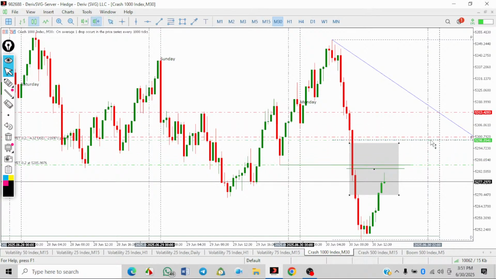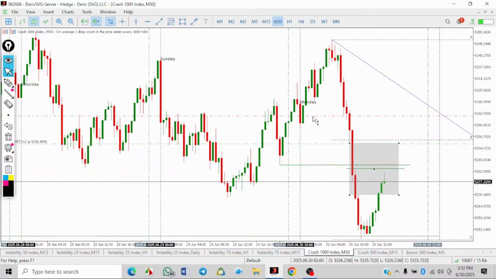So I'm going to adjust my limit and put it there. So that's how you trade the CRT candle.